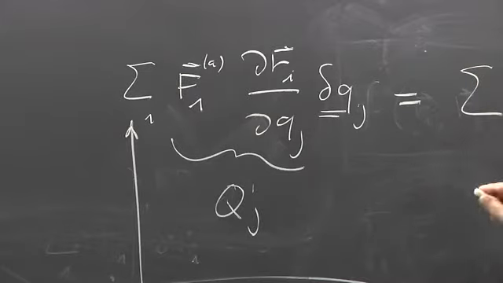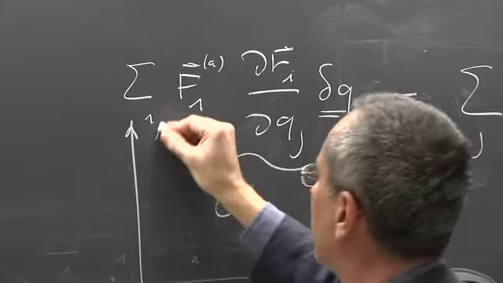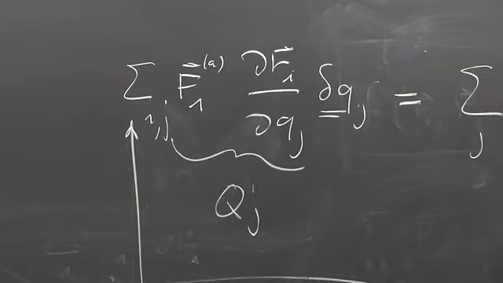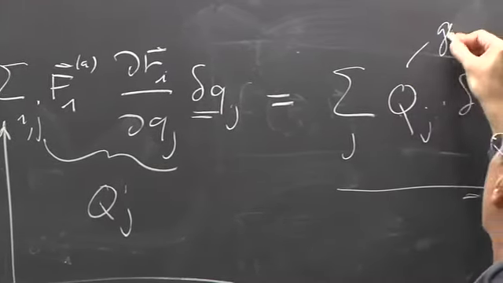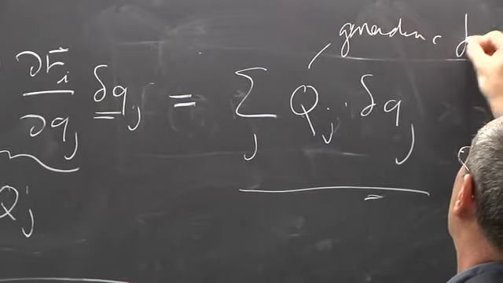So this term looks nice. Here you have a sum of Qj delta qj, where this I call the generalized force.